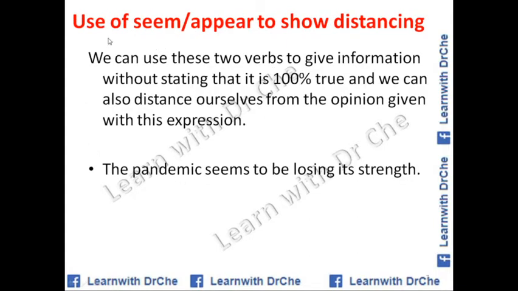Let us look at the first, use of seem or appear to show distancing. We can use these two verbs to give information without stating what is 100% true. We can use these two words, seem and appear, to give information without stating that it is 100% true.